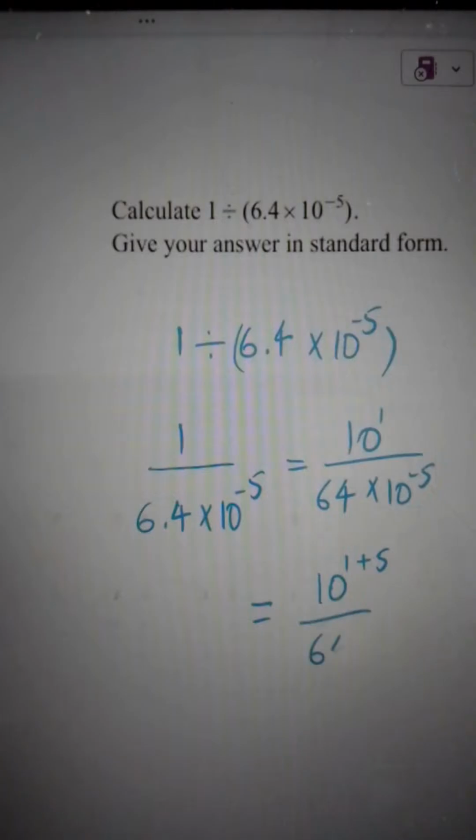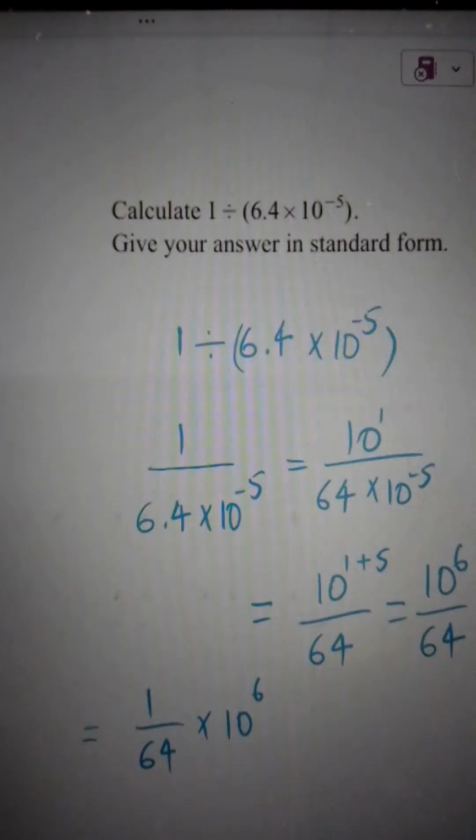So it is 10 raised to power 6 divided by 64, or we can write it as 1 by 64 multiplied by 10 raised to power 6.